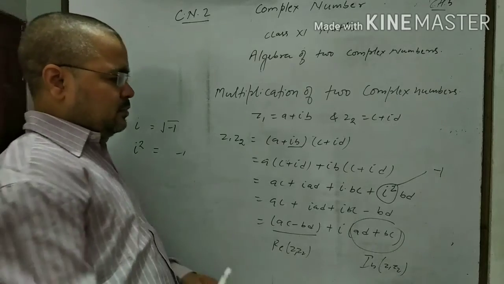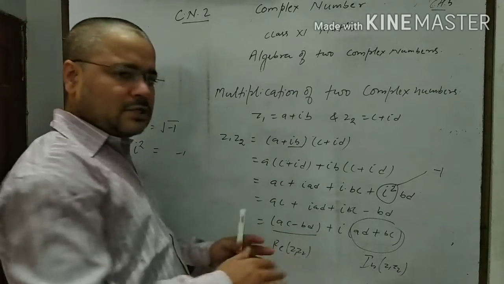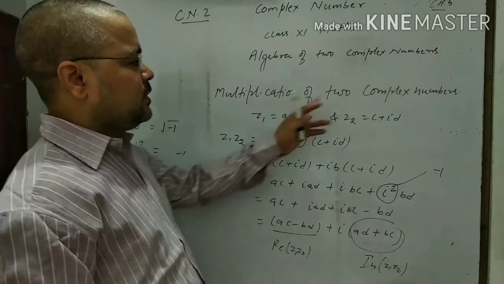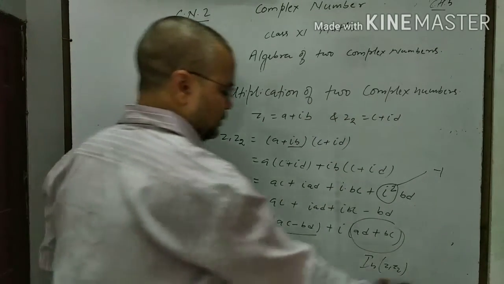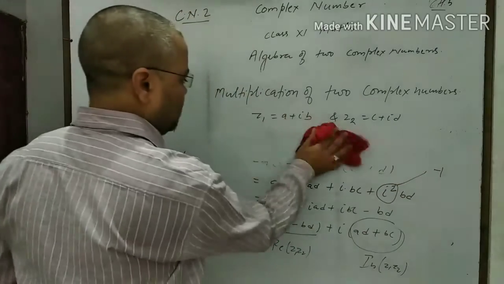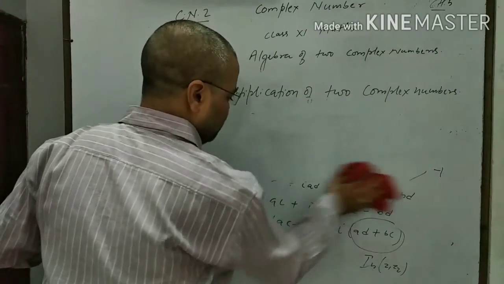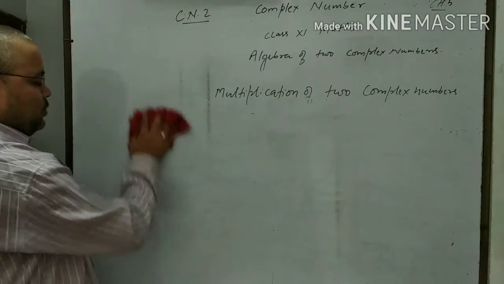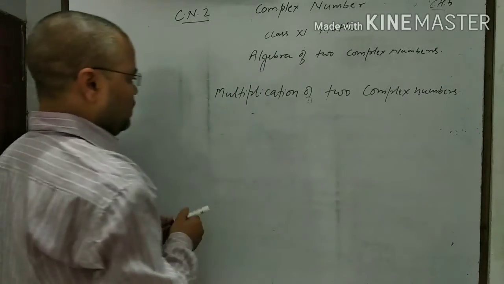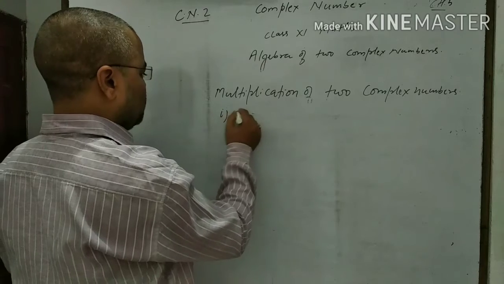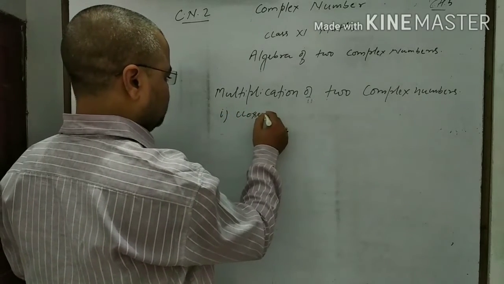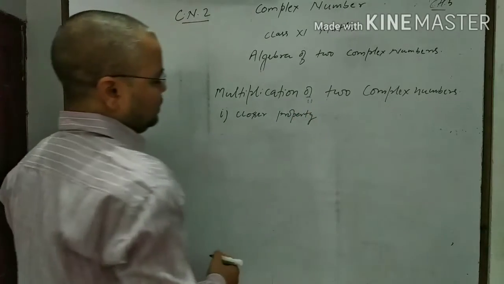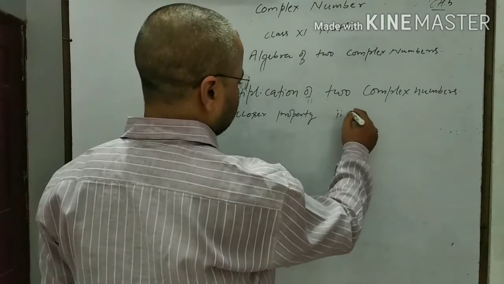This example is also helpful to understand the closure property of multiplication. The first property, the closure property of multiplication, is over.